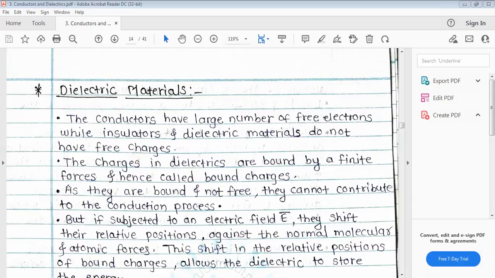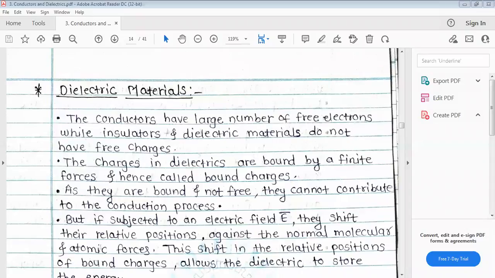As they are bound and not free, they cannot contribute to the conduction process.